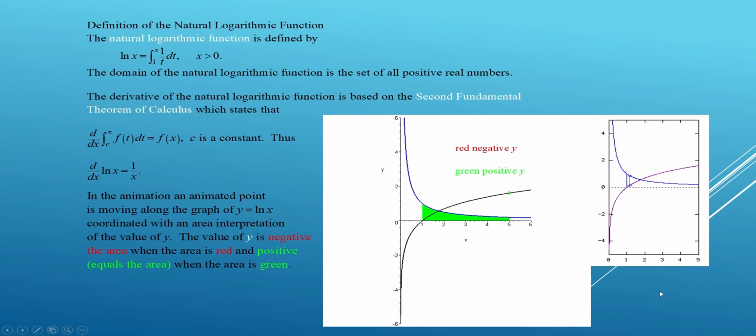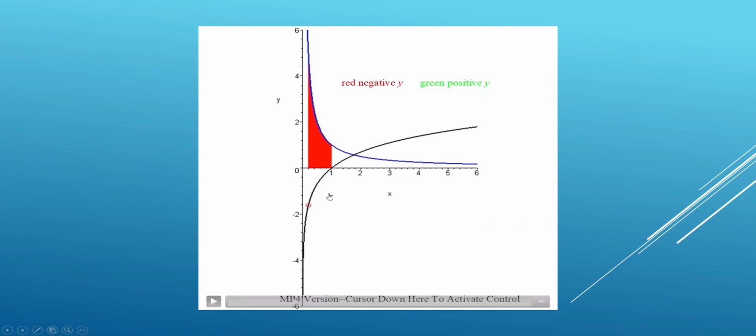In fact, let's go ahead and do it. If x was this here, about 1/5, the y value would be the integral from 1 back to 1/5, integrating this function here, and the area picture here in red.